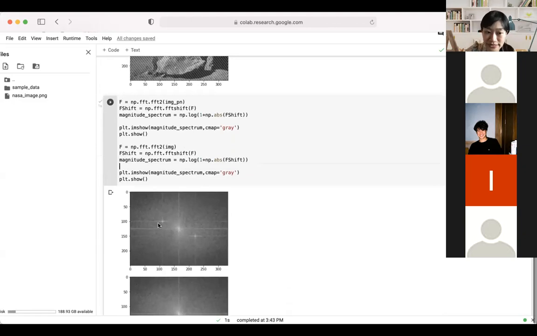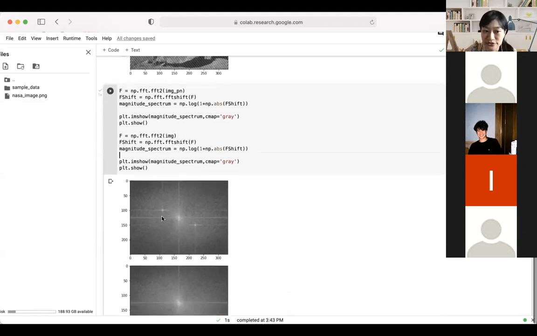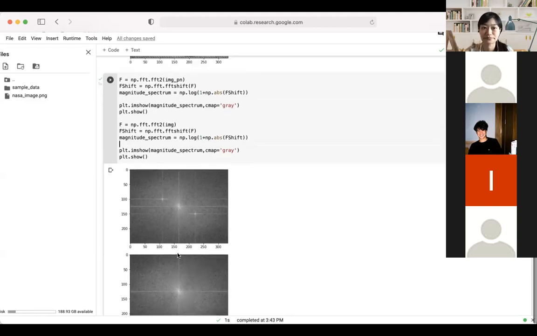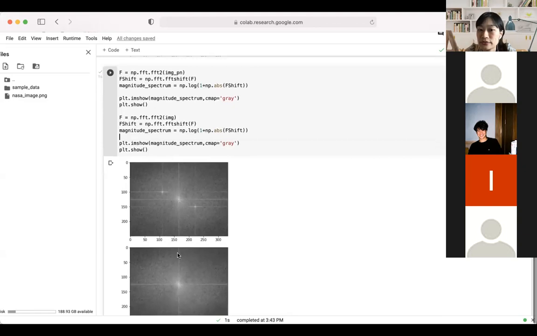All right, you've seen this star on the left corner and the right bottom corner here. So it's actually noise compared with the Fourier transform of the original image. Okay, so next week we will continue from this Colab because we are going to remove the noise.